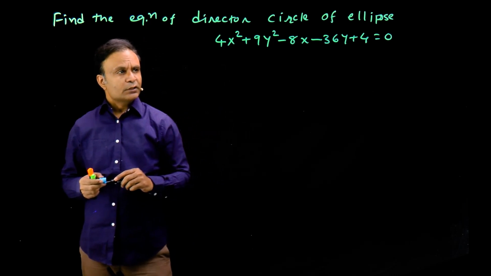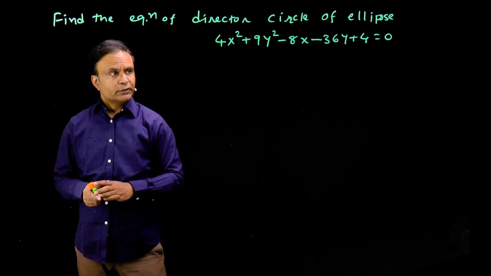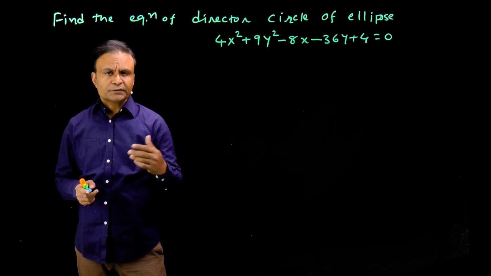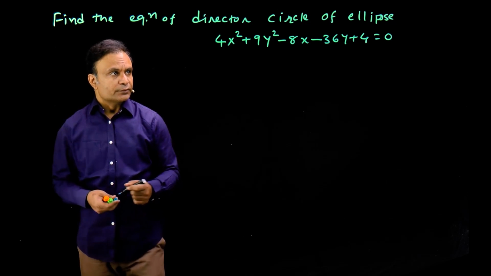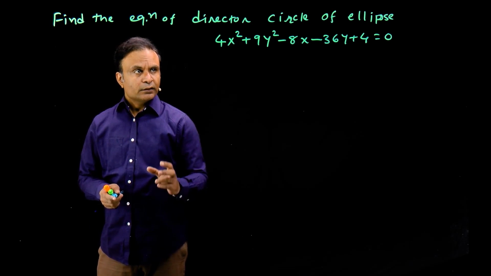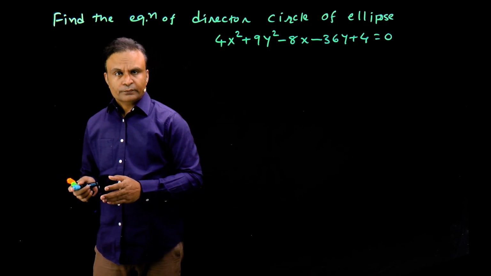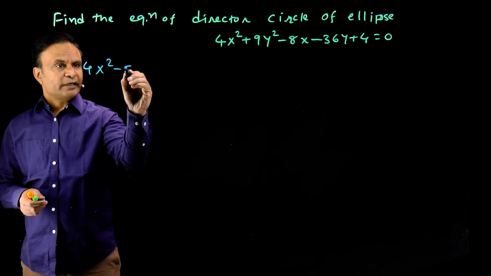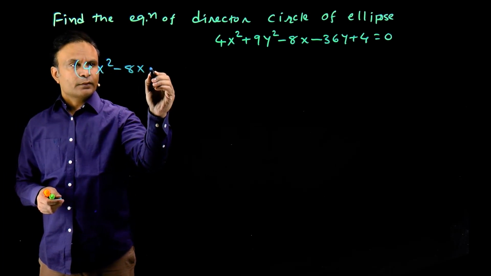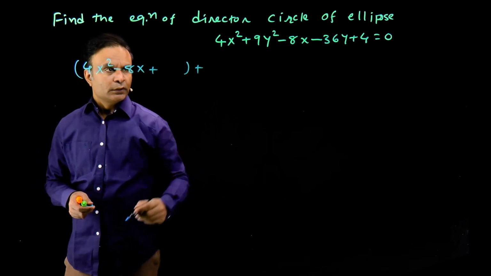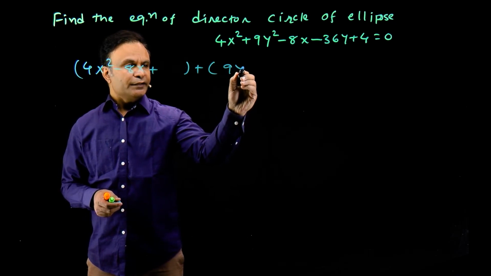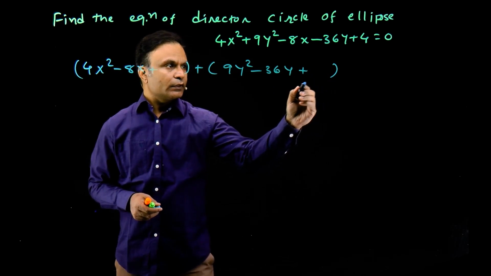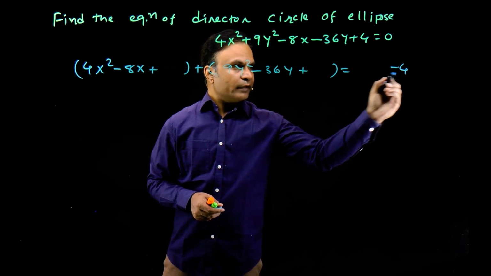We have this ellipse here, center is not origin, so we will write this ellipse in standard form whose center is other than origin. For that, I will segregate the terms like this: 4x square minus 8x plus 9y square minus 36y equal to minus 4.